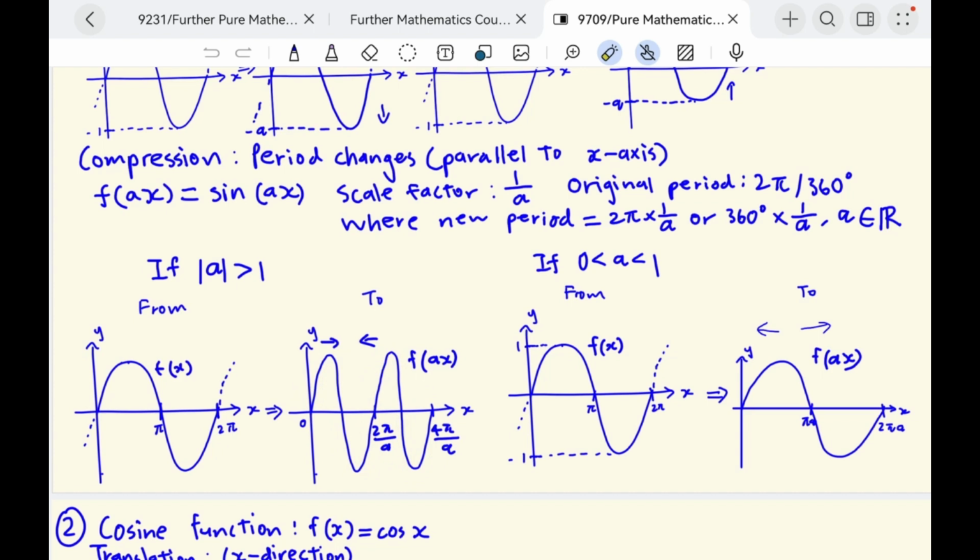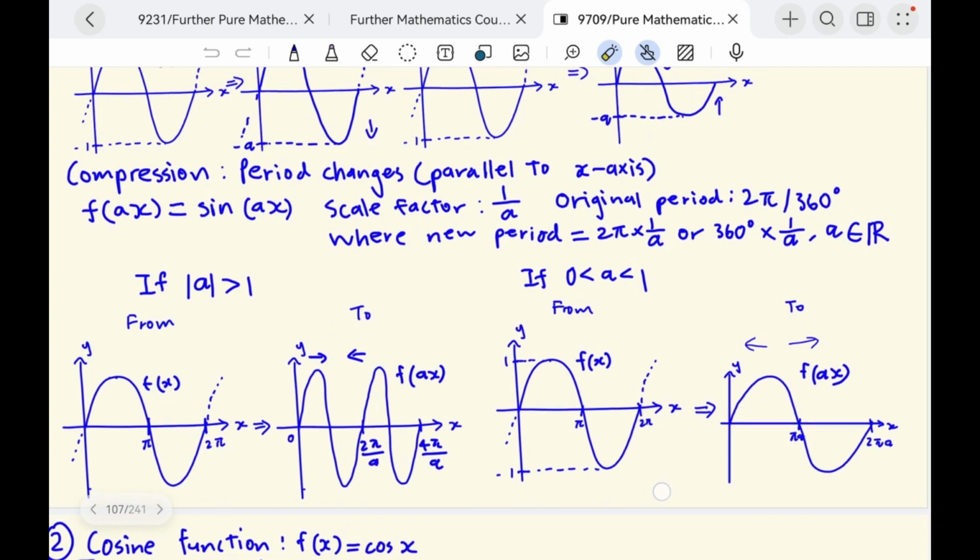Let's say your a is 2, which means that you need to make 2 cycles to complete the graph until 2 pi. So a is 2 means you need 2 cycles to reach 2 pi. So this is the example.